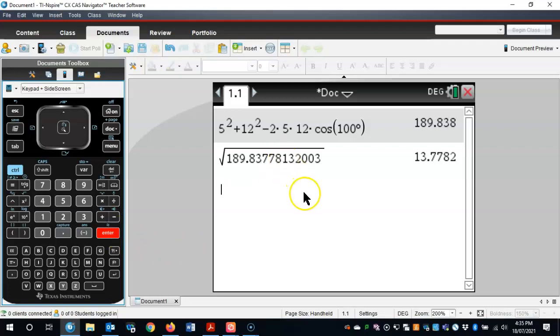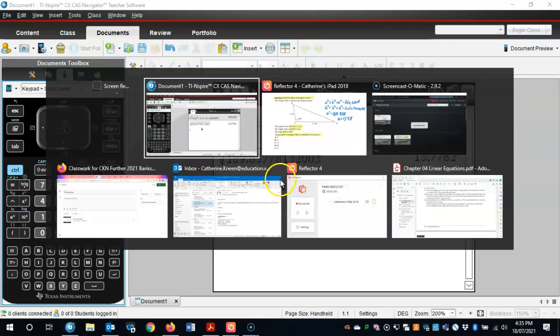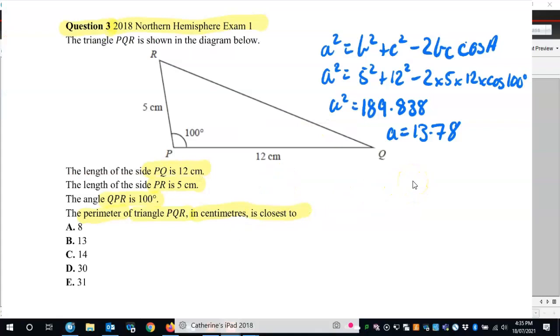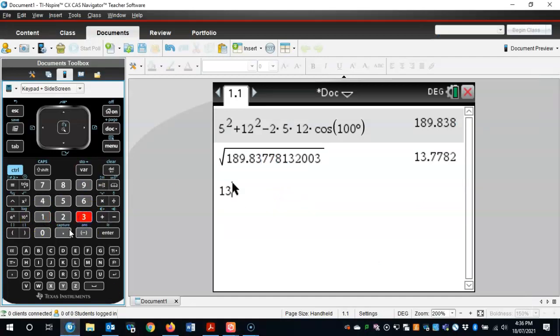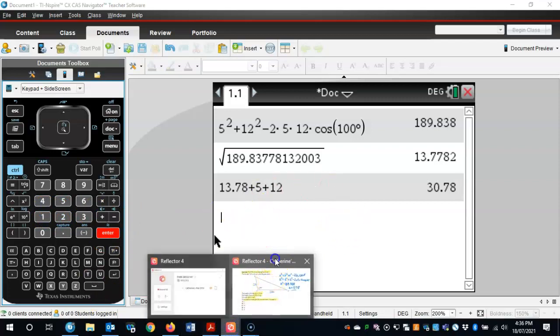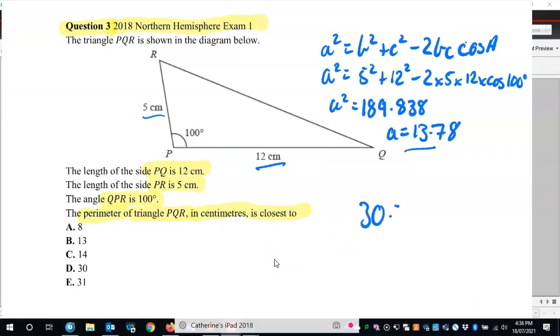Now we've got to add up our three sides, A, B, and C. So 13.78 plus 5 plus 12, so 30.78, and it's closest to 31, option E, and yes, that's correct.